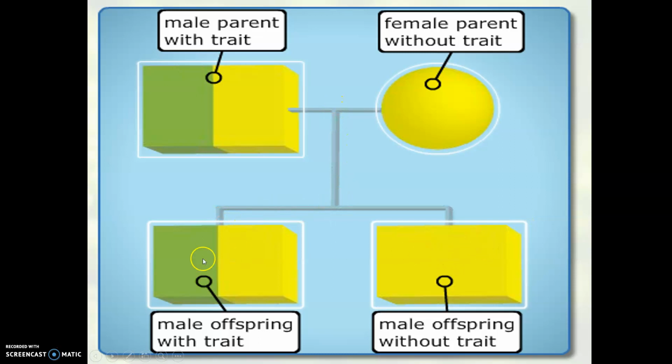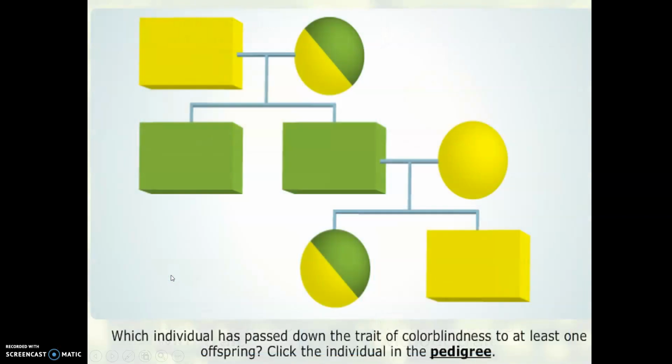So here we have 2 males, one without the trait because dad gave this allele and mom gave this allele, both without the trait. And then you have a male offspring who doesn't get the trait from mom. She doesn't have it to give, but dad does and actually passed it on to that offspring. So then you can look at how the individual passed it down.